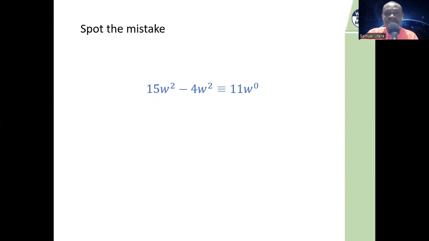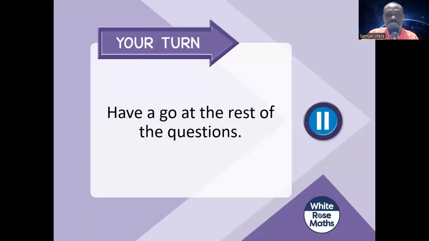So that should definitely be wrong because they have subtracted the powers. We do not do that. Okay? You simply write what the result is. In this case, it should be 11w squared. All right, that should be our answer.